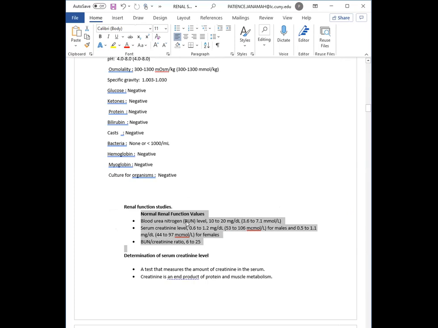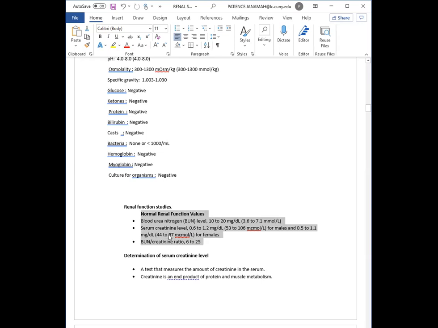When they see the BUN is elevated, then they look at creatinine. If creatinine too is elevated, then they suspect urinary system impairment. These two results alone can make them detain a patient because something is not right with your kidneys. This is the kidney function test.